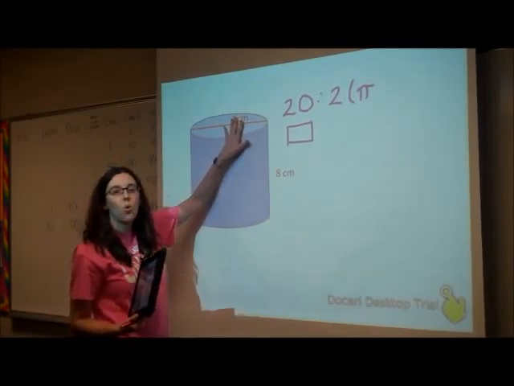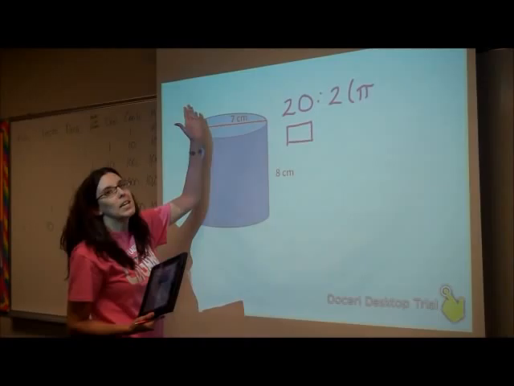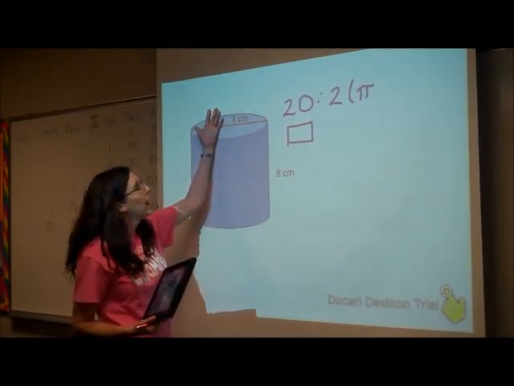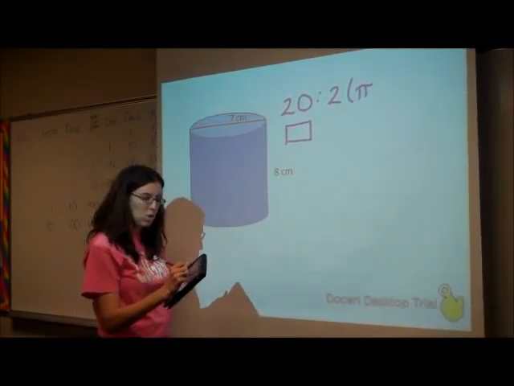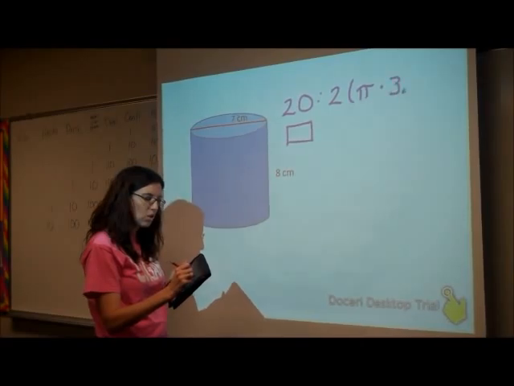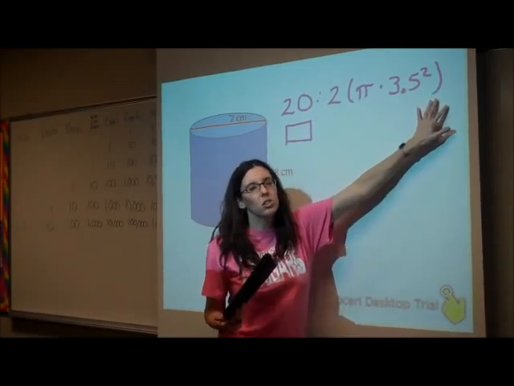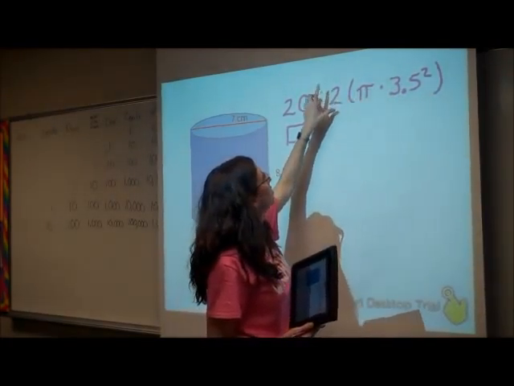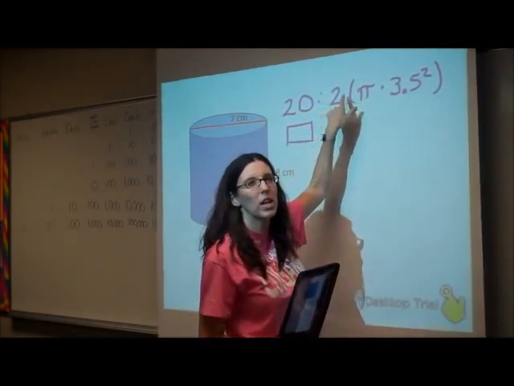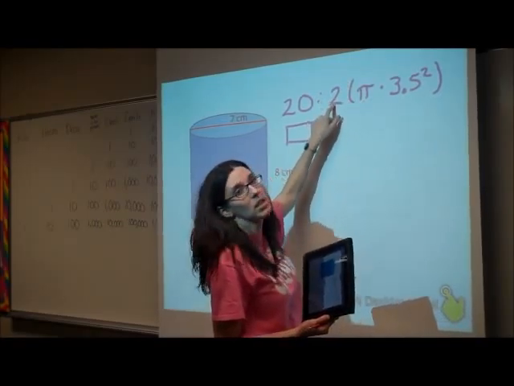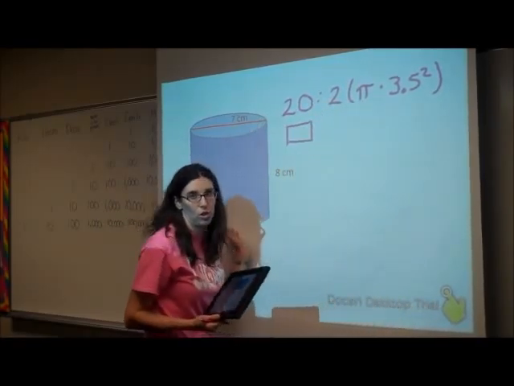Check, 7. Oh, that's my diameter. I need to use the radius, so I need to use half of that. So I need to use 3.5 squared. I've done this a little differently than in the other problems because I still have two of these. This way it'll help me to remember that I need to double that for both circles.